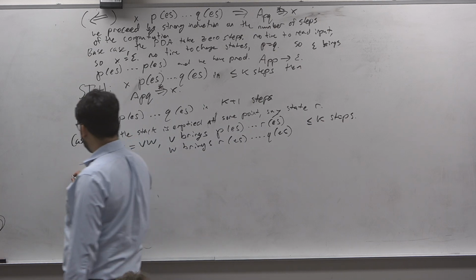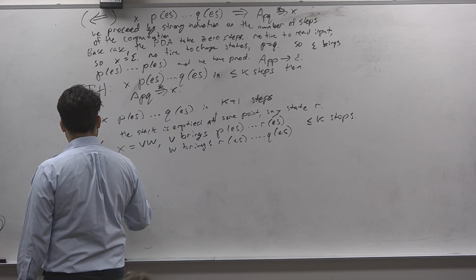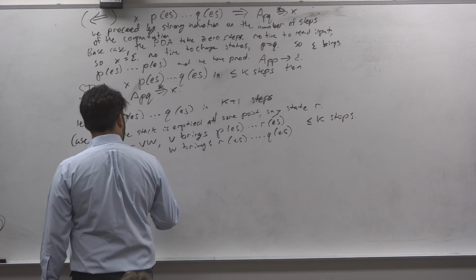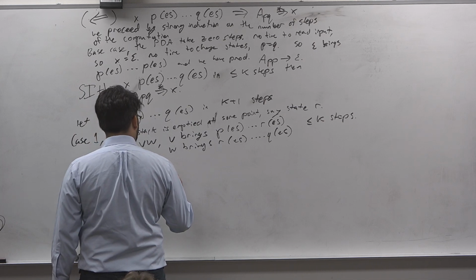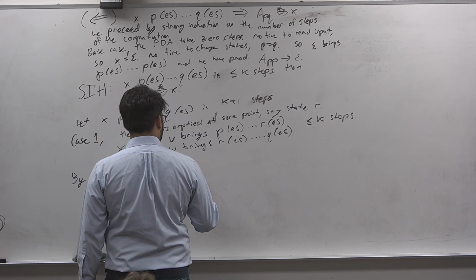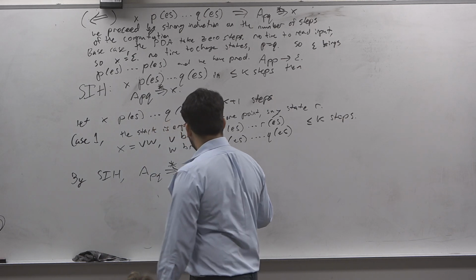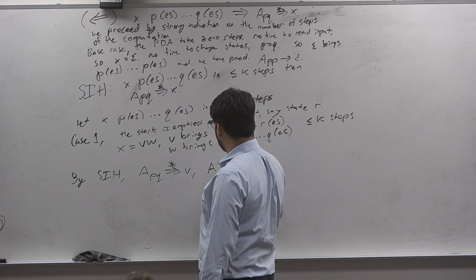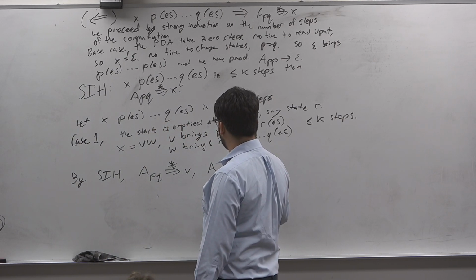So by our strong inductive hypothesis, we know then that A_PR must produce this string v, and A_RQ must produce this string w.